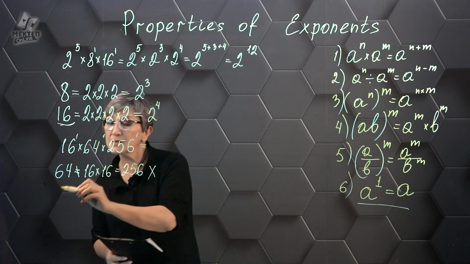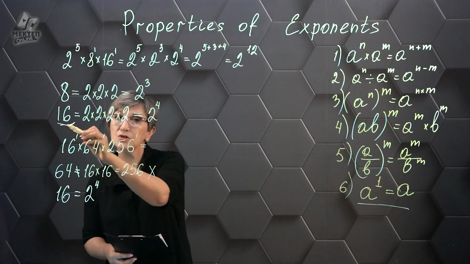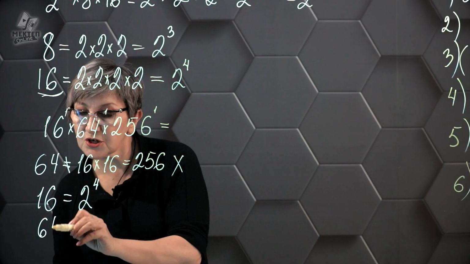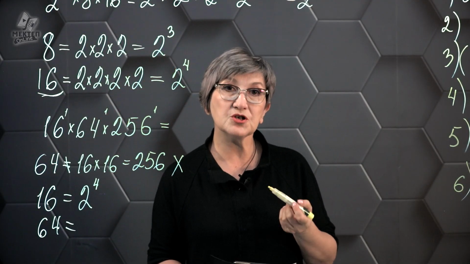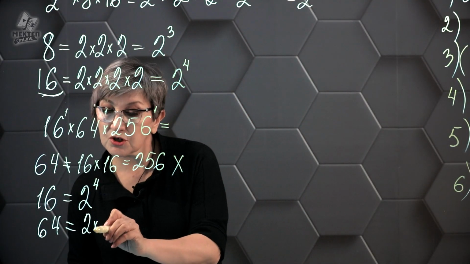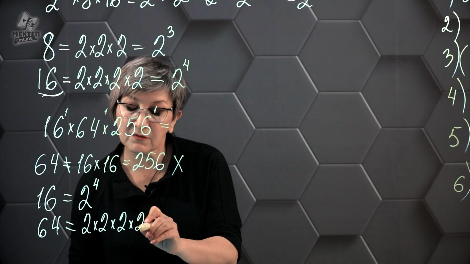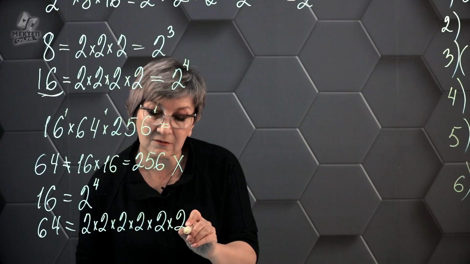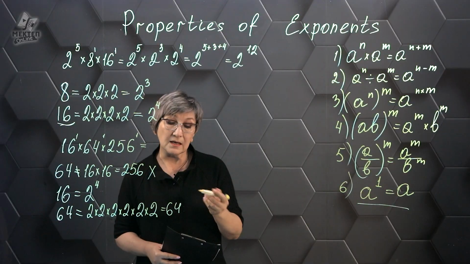But in the previous example, we wrote down that 16 is 2 to the power of 4. Let's try to write 64 as 2 to some degree. To do this, we'll do the math. 2 times 2, 4 times 2, 8 times 2, 16 times 2, 32 times 2, 64.